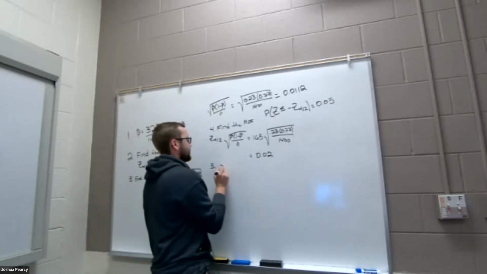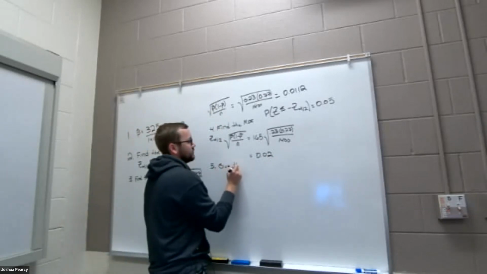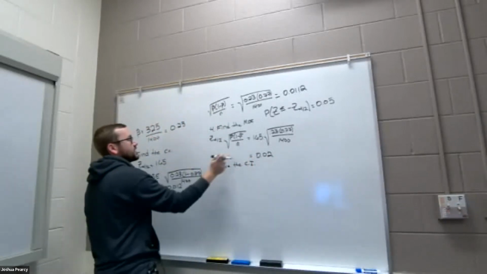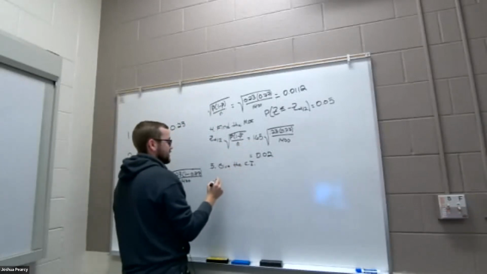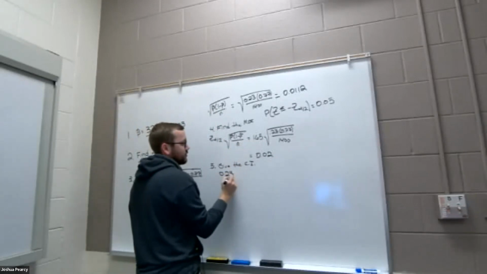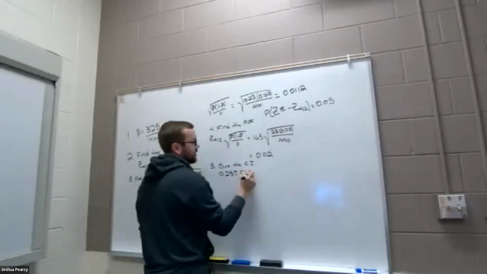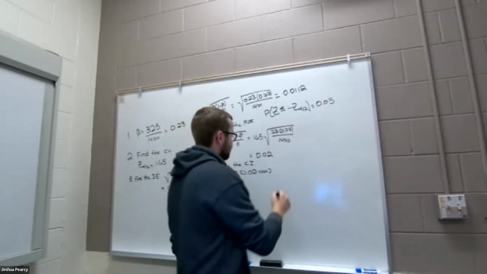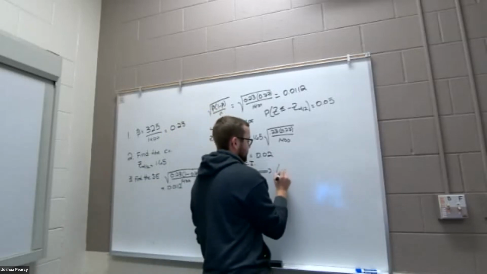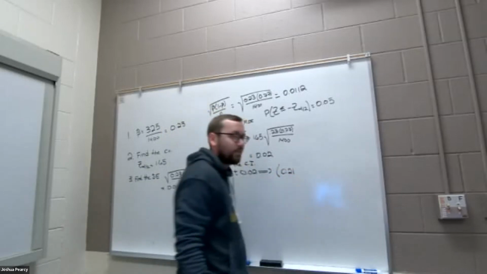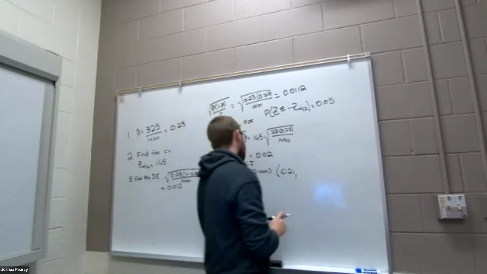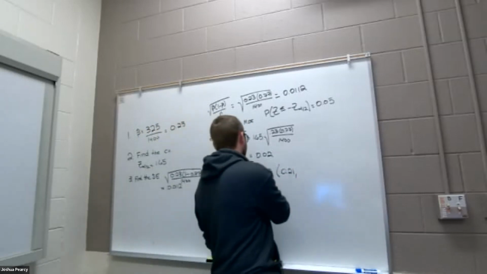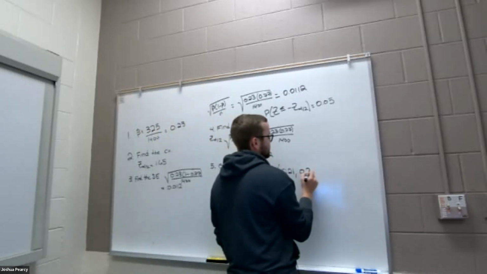You have the confidence interval. So all you do is take the point estimate plus or minus the margin of error. So that would be 0.23 plus or minus 0.02, which gives you a confidence interval of what? 0.21. So that's just taking 0.23, subtracting off the 0.02. And then 0.23 plus 0.02 is 0.25.